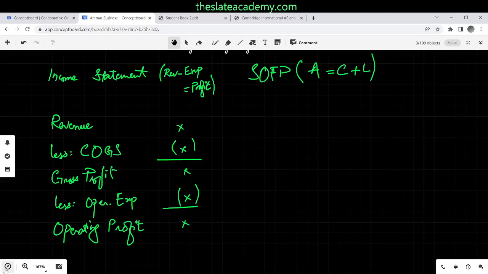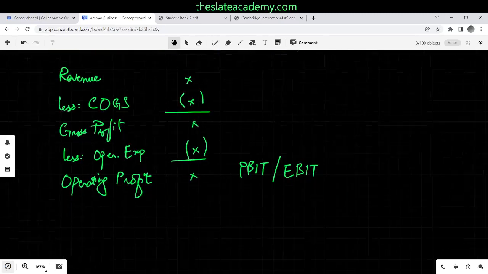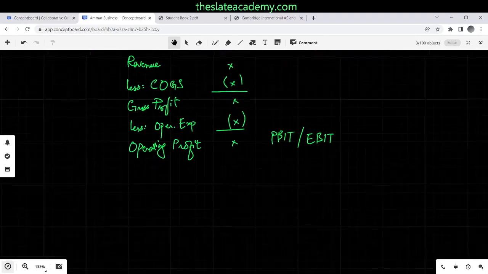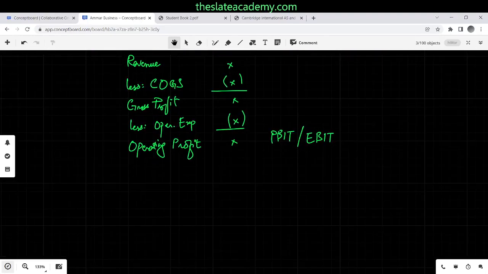Operating profit is also sometimes called PBIT, profit before interest and tax, or EBIT, earnings before interest and tax. Sometimes isn't it just net profit because you don't take into account tax and interest? Yes, if they're not there, then this is just the net profit.